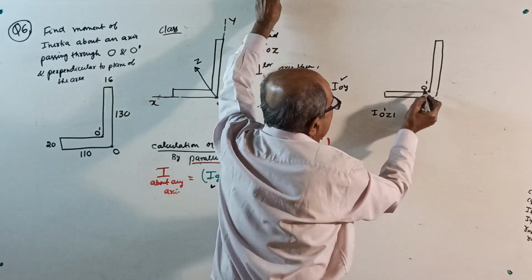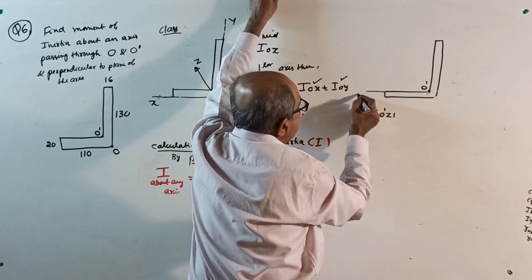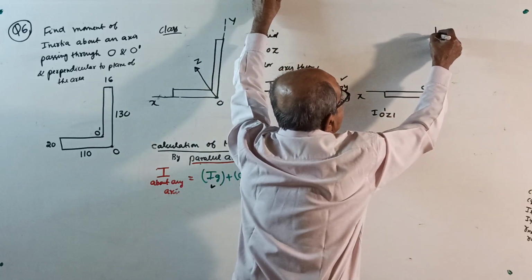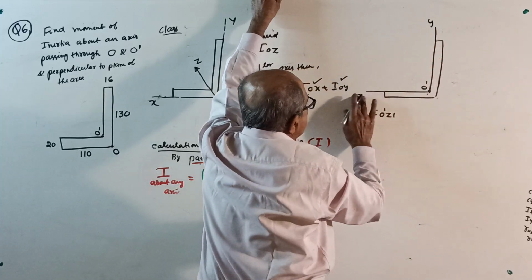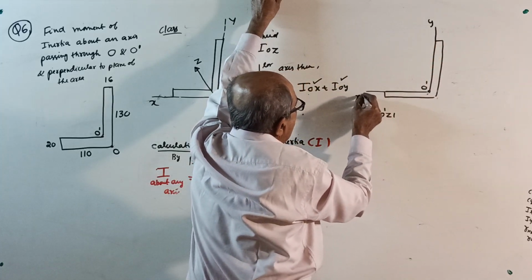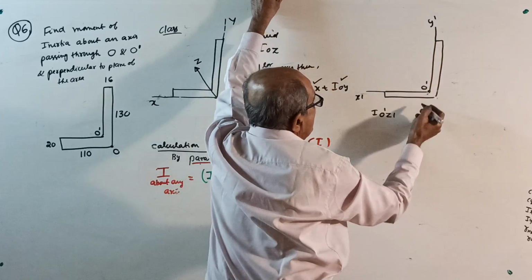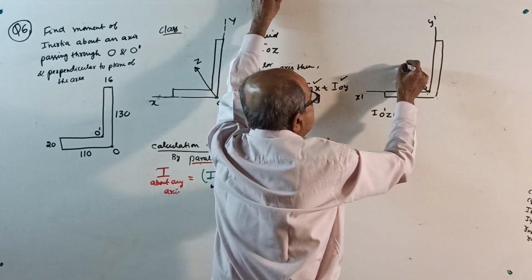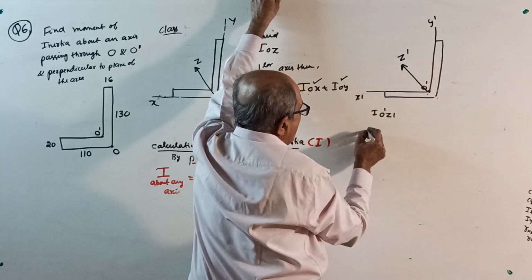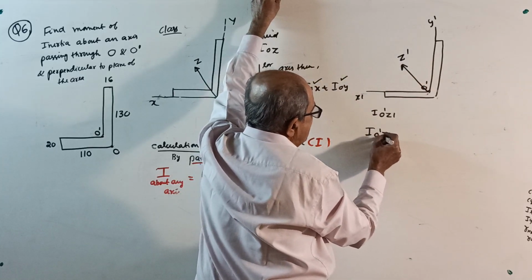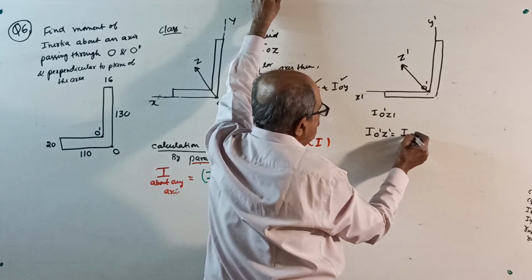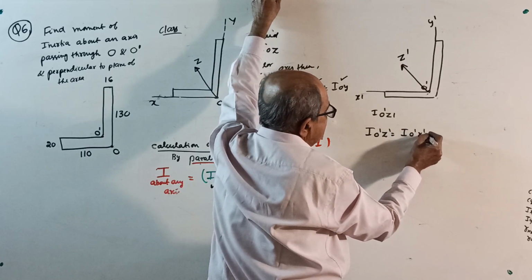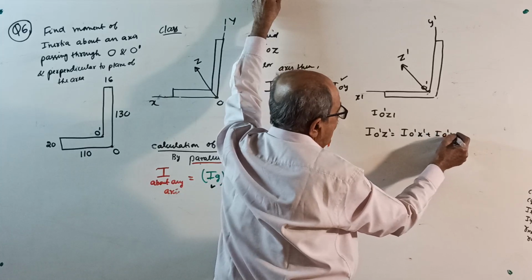For that, consider one axis X here, one axis Y here, but call them X dash and Y dash and mark that Z dash perpendicular. Then write I about O dash Z dash equal to I about O dash X dash plus I about O dash Y dash.